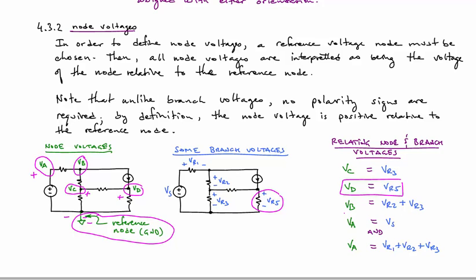Even for non-trivial cases like that, say this VB, okay, VB is the node up here, you can describe that voltage, since it's the voltage between that node and ground, it spans these 2 branches. And so we can write that VB is equal to the sum of VR3 and VR2.